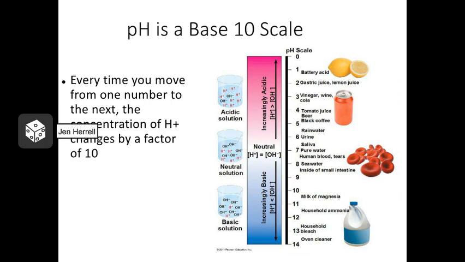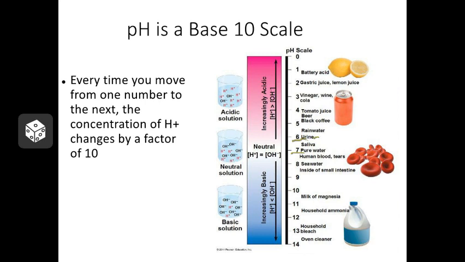Because the pH scale is logarithmic, it's a base 10 system. That means that if I move from one number to another on the pH scale, I'm changing by a factor of 10. So let's consider these examples. Let's consider a solution with pH of 6 versus a solution with pH of 7.